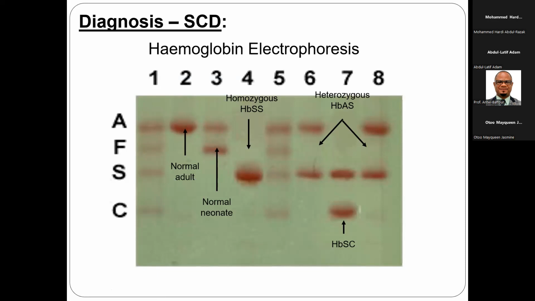Okay, so that is the electrophoresis testing. Once again, I'm not going through Mohammed. Yes. From the slide, number 2, which you said is a normal adult for the agarose gel electrophoresis, would it be accurate for us to report it as AA or report it as a single band at A, because it's just a single band?